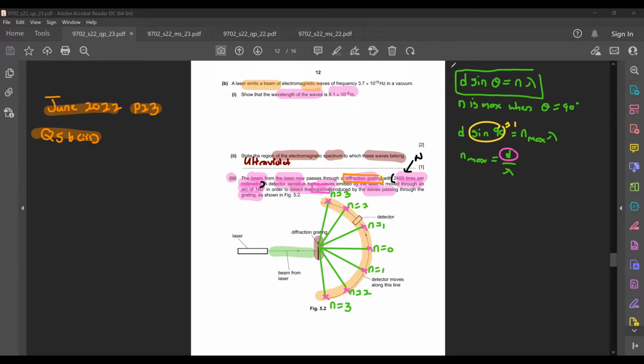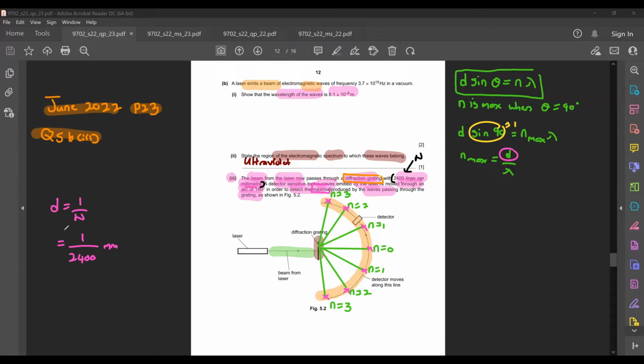Previously, I mentioned the relation between d, the distance between the slits, and the number of lines per unit length: d equals 1 over N. So if you already have the N value, d would just be 1 divided by 2,400. But the unit of this d will actually be millimeter, because this one is 2,400 lines per millimeter.